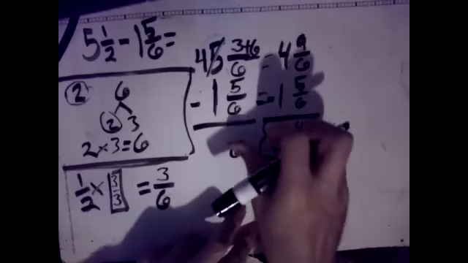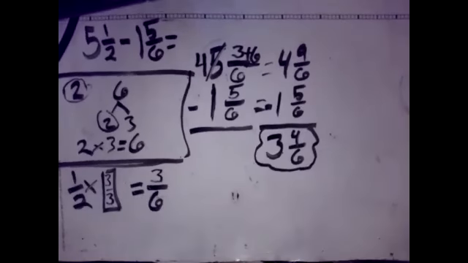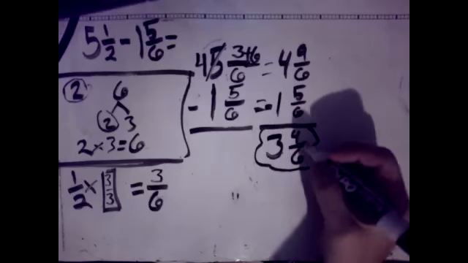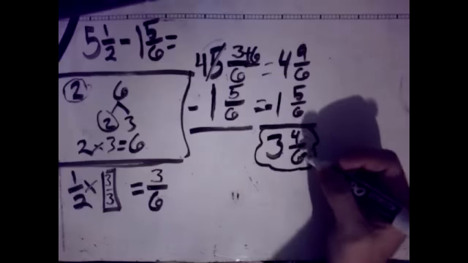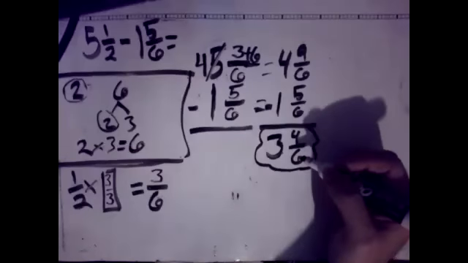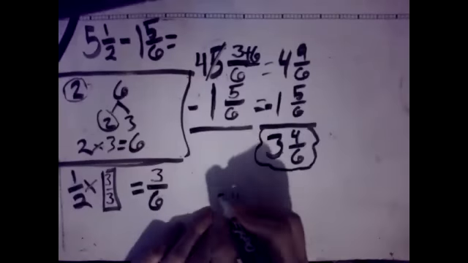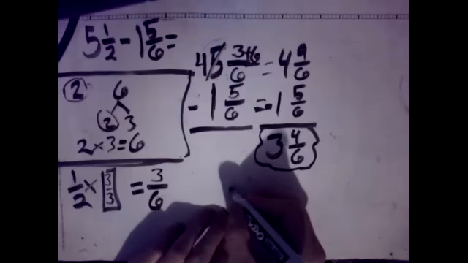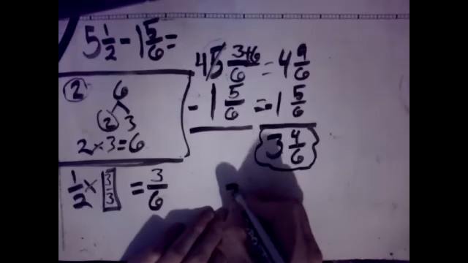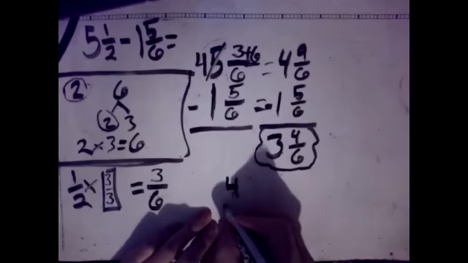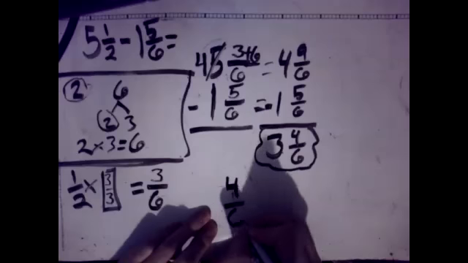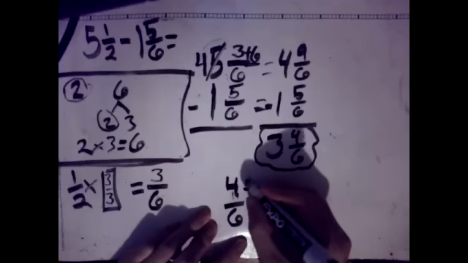But if you want the best answer, you might notice something. You might say, I know that 4 and 6 share a factor. 4 and 6 both share a 2. And what you can do is just like we can multiply the top and the bottom by the same number, we can divide the top and bottom by the same number.